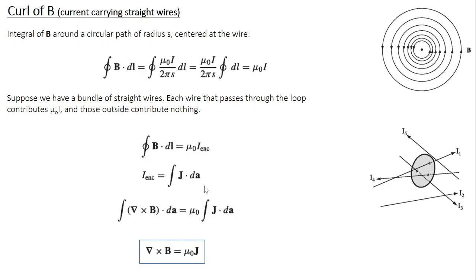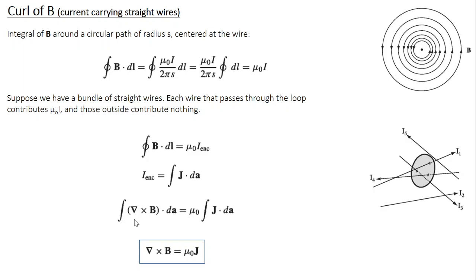Or in terms of the volume current density J, I can write I enclosed equal to integral J dot dA. So mu naught I enclosed is nothing but mu naught times the surface integral of J dot dA. The line integral on the left hand side I can convert into surface integral using Stokes' theorem. So the left hand side becomes integral curl of B dot dA equal to mu naught integral J dot dA.